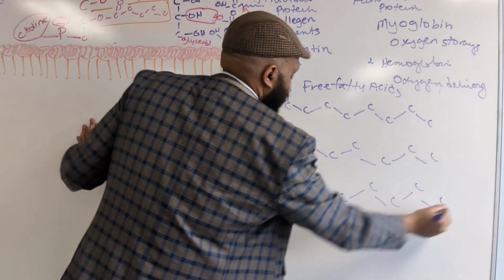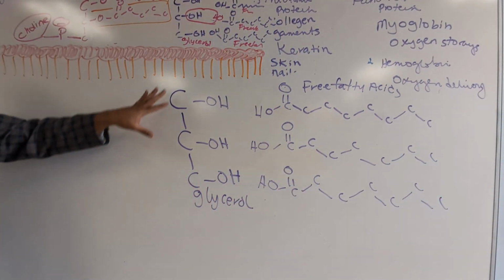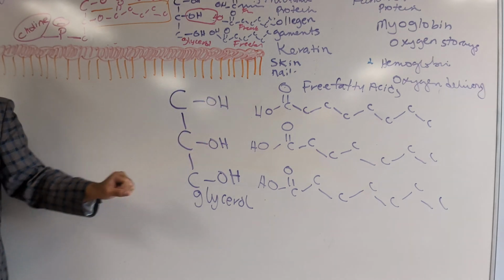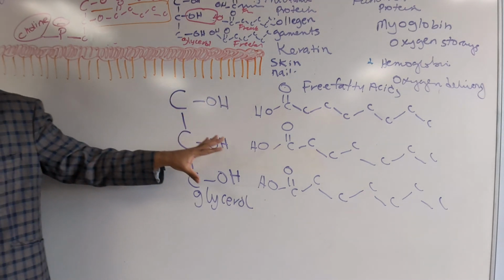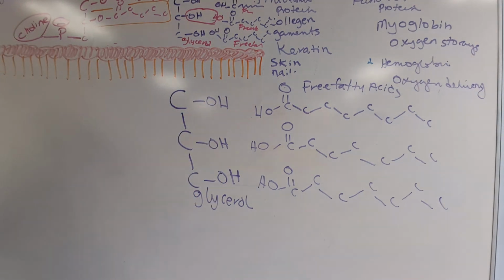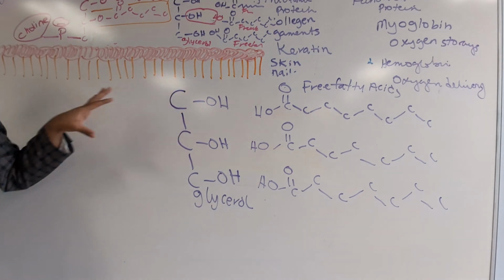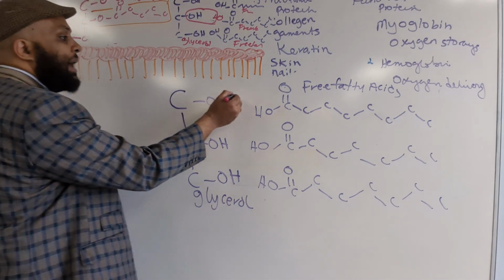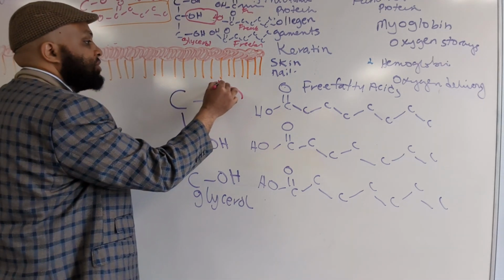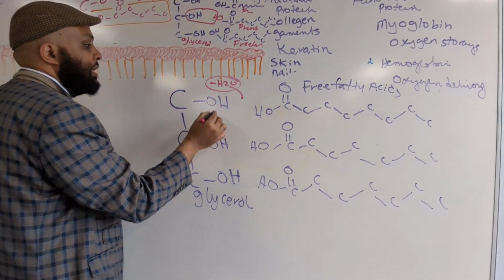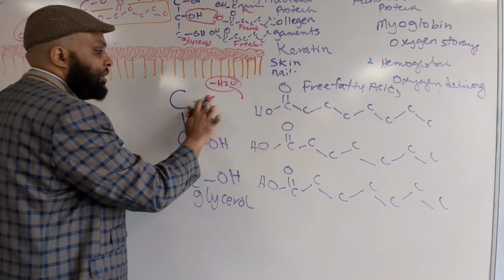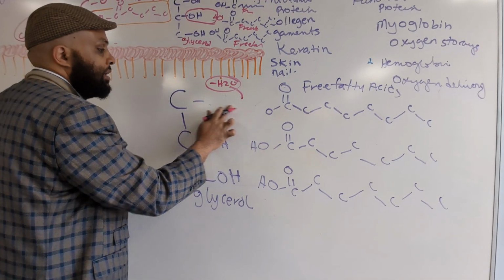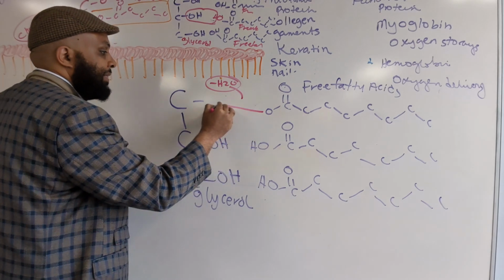These are 4 different molecules. Now I need to assemble them. How do I assemble them? By minus H2O, by hydrolysis. I remove an OH from here and an H from here, and I connect the bond like that.